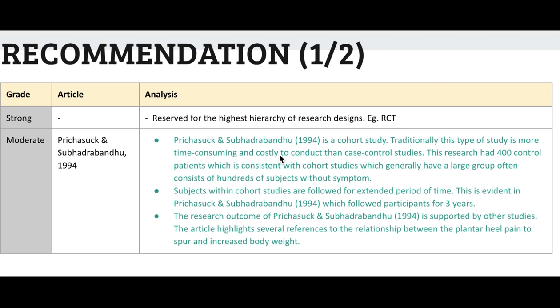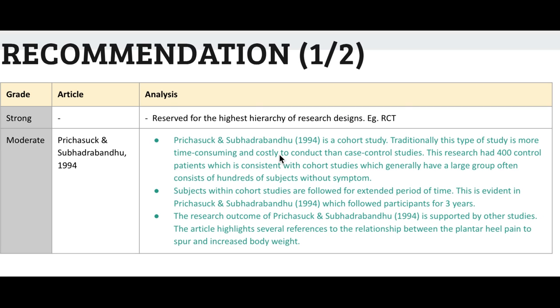Traditionally, this type of study is more time-consuming and costly to conduct than case control studies. This research had 400 control patients, which is consistent with cohort studies, which generally have a large group, often consisting of hundreds of subjects without symptoms.